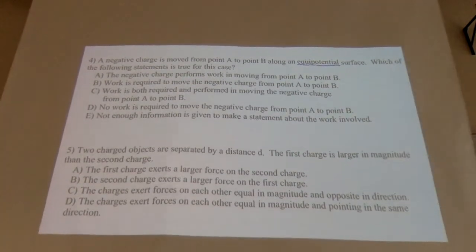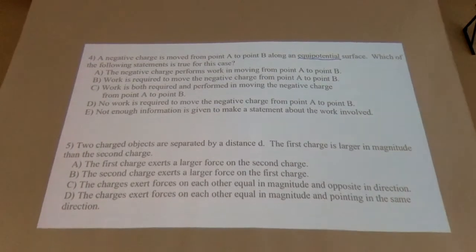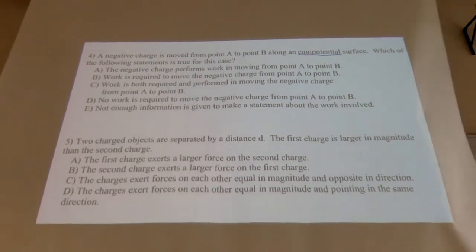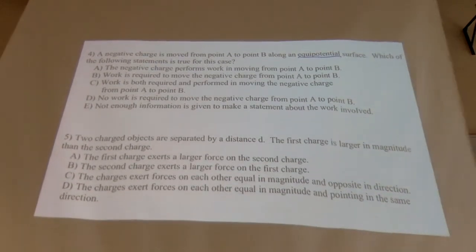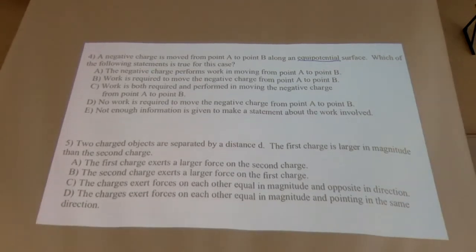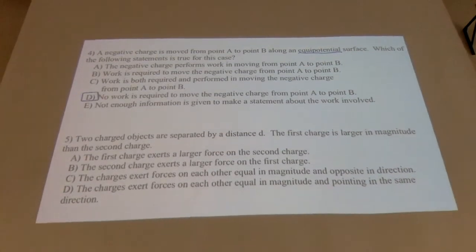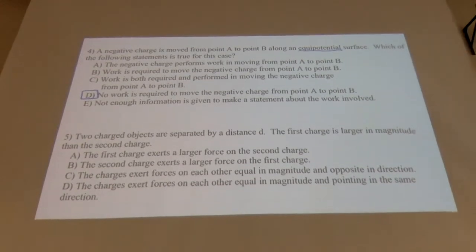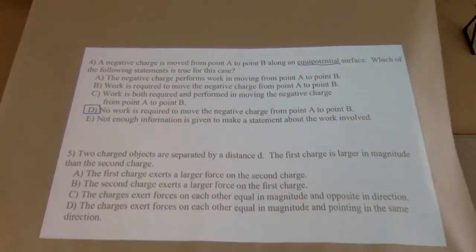I haven't worked against or with gravity. Notice the word work kind of just slipped into my sentence there, okay? If I'm not changing potential, I'm not doing any work. So, in other words, which one is this? No work is required to move the negative charge from point A to point B. If the potential doesn't change, you don't have to do any work, okay?